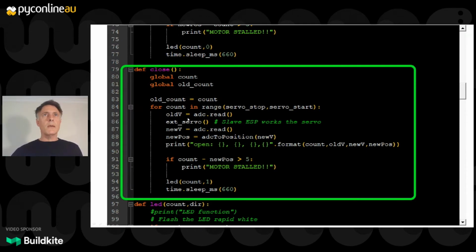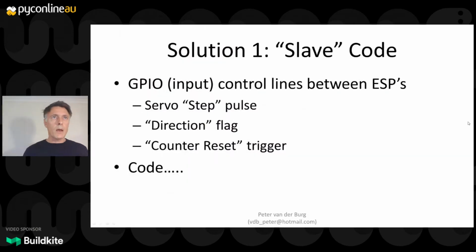On the slave, we have the inputs, the 3 inputs. So we get the step pulse, the direction flag, and the counter reset trigger. The trigger is to ensure that the counters remain in sync between the two devices.